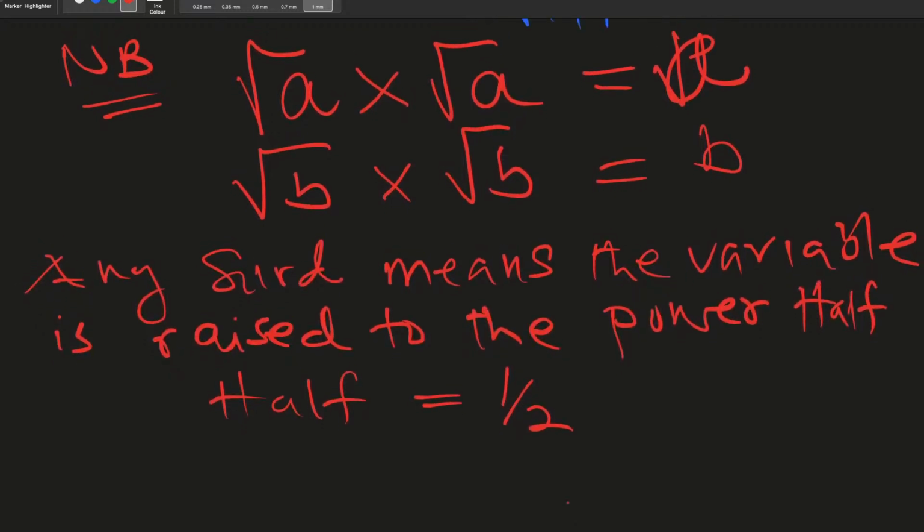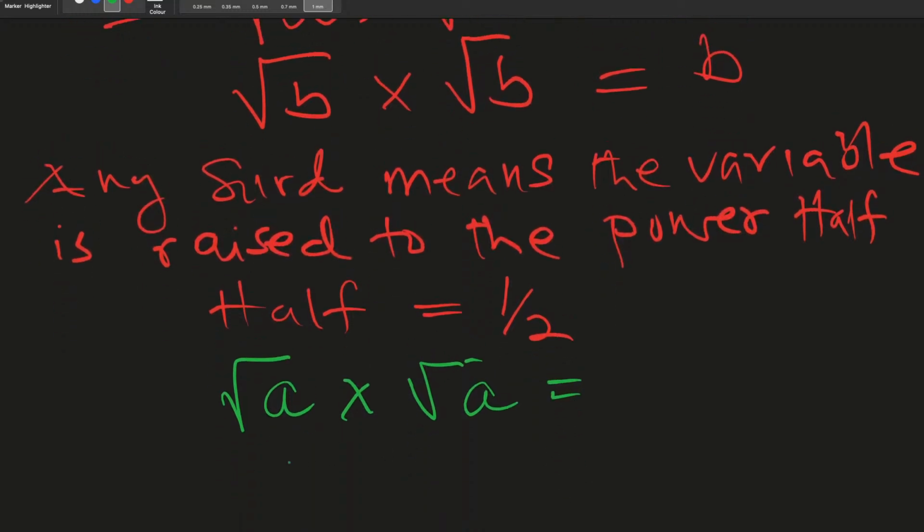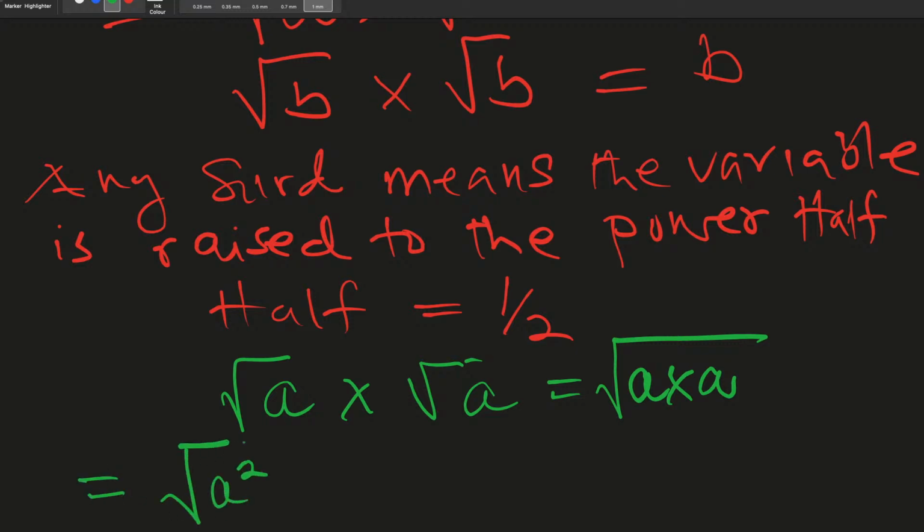So, if that is the case, let's do some small proof. If I have surd of A multiplying surd of A, it means surd of A times surd of A, which will be surd of A squared.